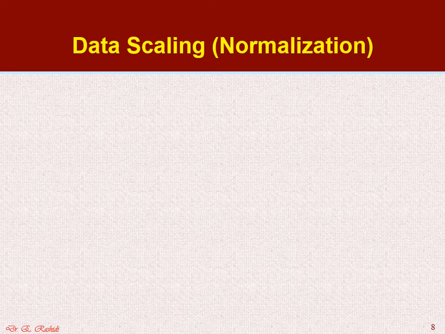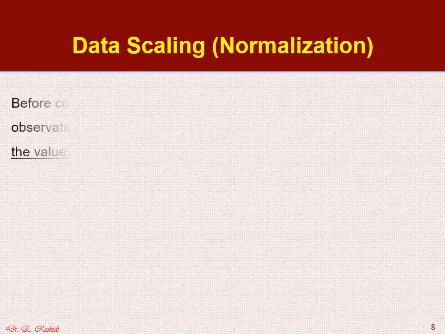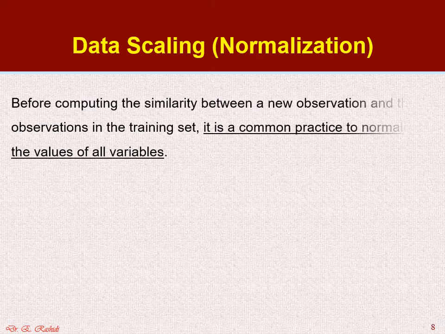Data scaling, and specifically normalization, is a common practice in machine learning, and specifically for the KNN algorithm. Before computing the similarity or the distance between a new observation, the test data point, and the observations in the training data, it is common practice to normalize the values of all variables.